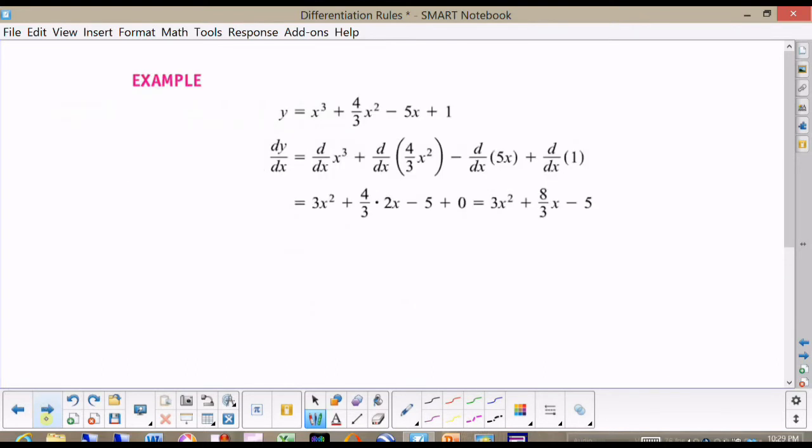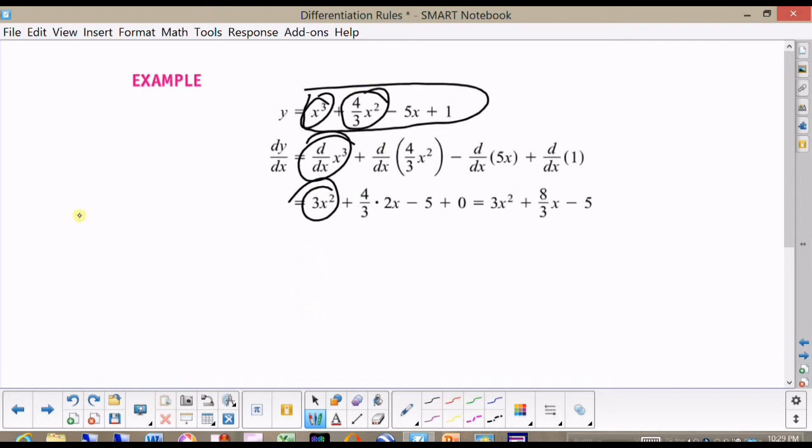Looking at an example, here's one with 4 terms. The derivative of x cubed is 3x squared. The derivative of 4/3 x squared is going to be 2 times 4/3 times x, and that ends up being 8/3 x.